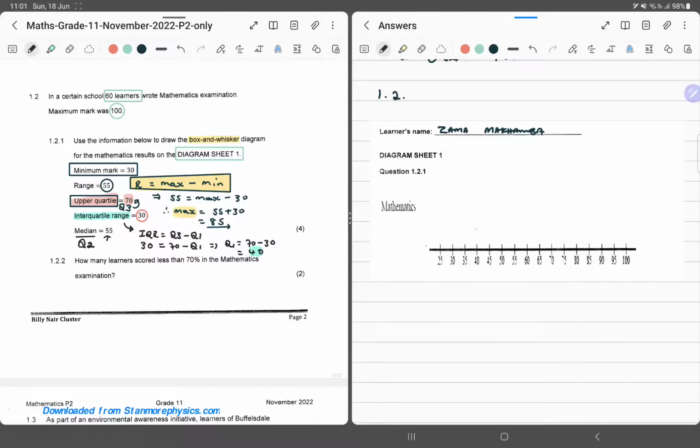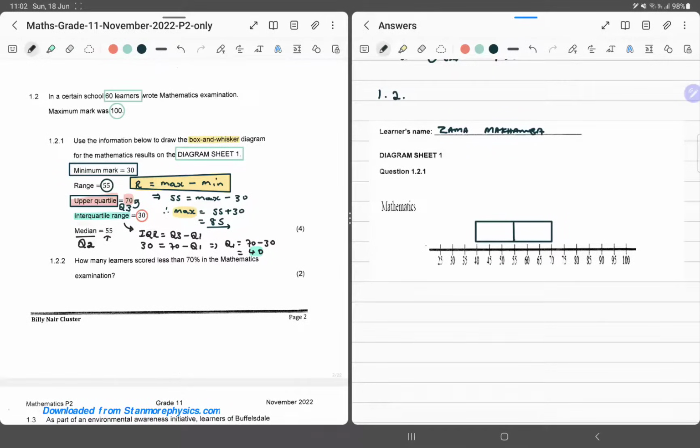Okay, let's try again. So we've got 40 to 70. So we just make our box there. And then we saw that our median was 55. So there it is.